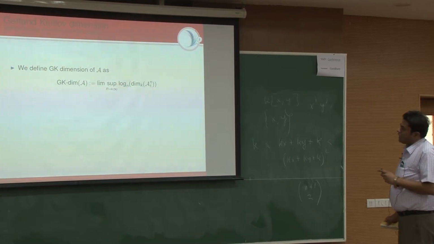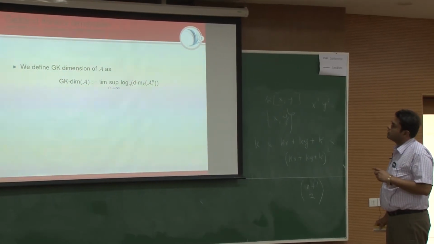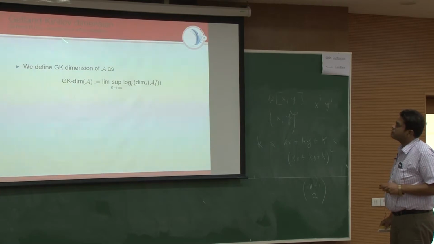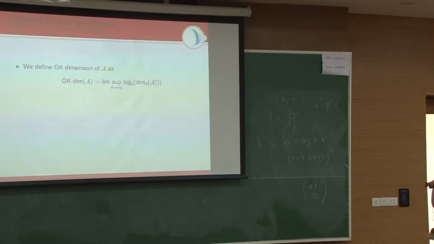Now, we define the growth rate of the algebra by this expression, and this growth rate is called the Gelfand-Kirillov dimension. So the growth rate is defined as the lim sup of the logarithms to the base n of the dimension of the nth term in this filtration.